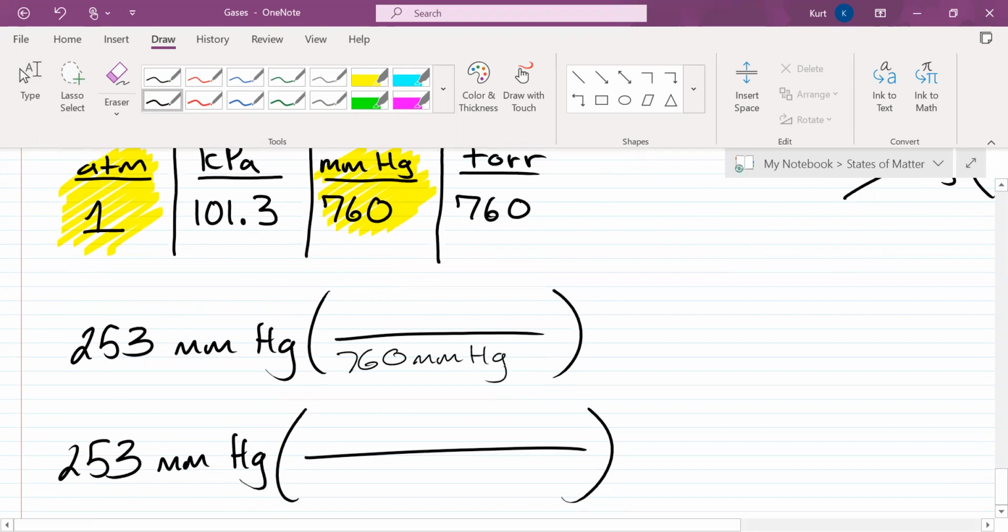What would you put on top? One atmosphere. Millimeters of mercury cancel out.